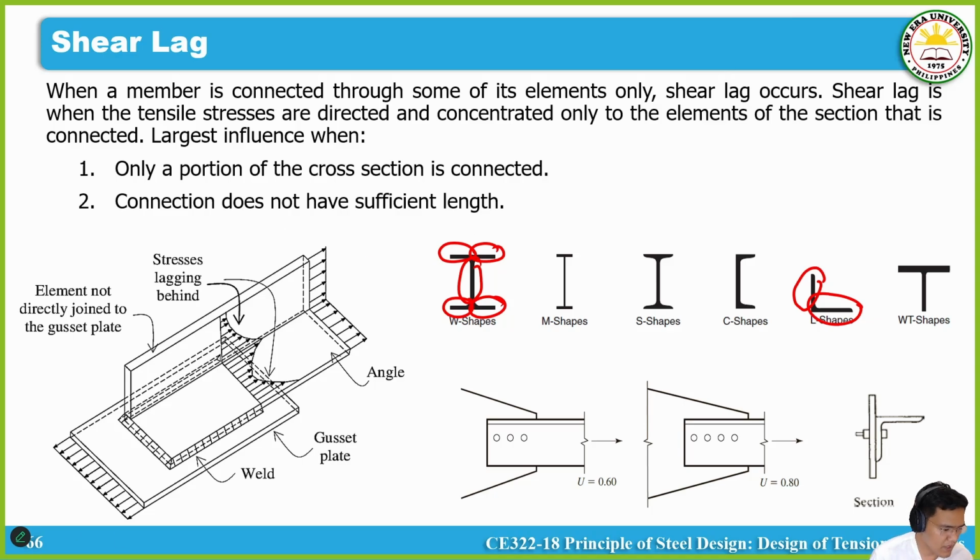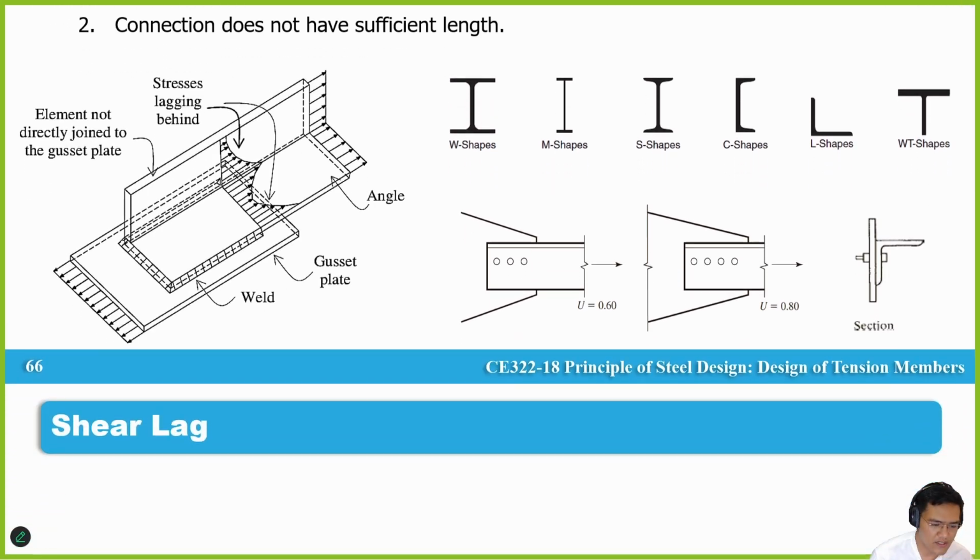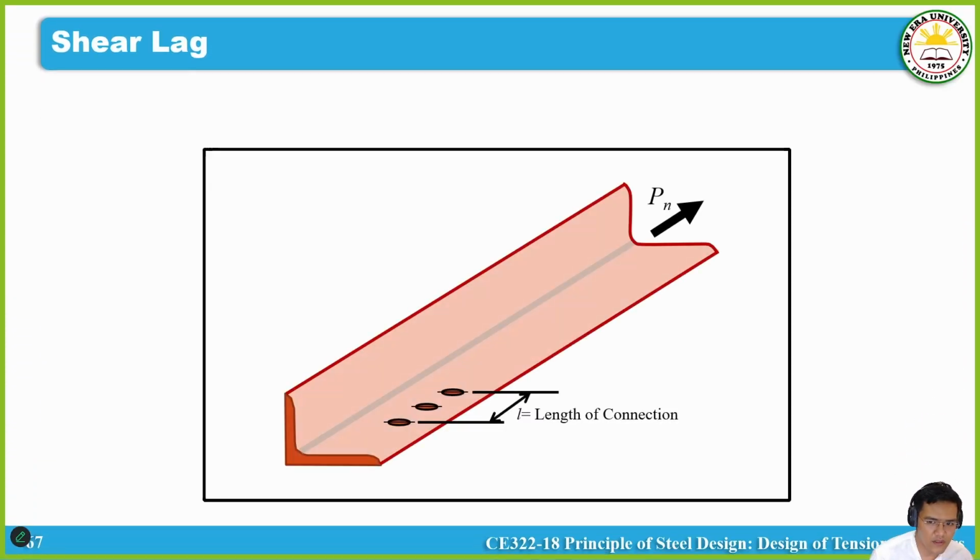So para mas ma-visualize nyo, I think we need to provide more example. So ito yung angle shown, pero dito we have a bolted connection, and this was connected only at one leg of that angle. So yun yung length of connection natin. Nag-apply ka ng load P at one end, obviously.